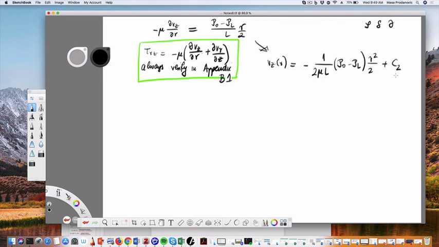Which boundary condition am I going to apply for that? So my Vz of r equal to capital R is equal to 0, the no slip condition. And that's going to give me C2, which is the same as this, just with a capital R in there.